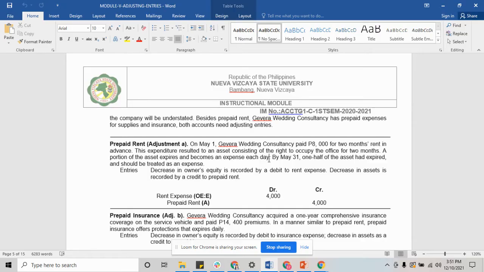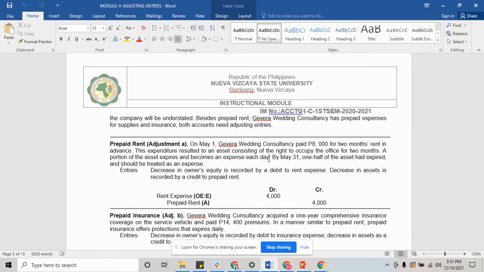Siyempre, nung nagbayad ka ng renta, 'di ba dun sa explanation ko before, kailangan mong i-analyze yung entry kung anong magi-increase: asset, liabilities, and equity. Kung asset, anong particular asset based dun sa naging discussion natin kung anong ibig sabihin ng mga per account.